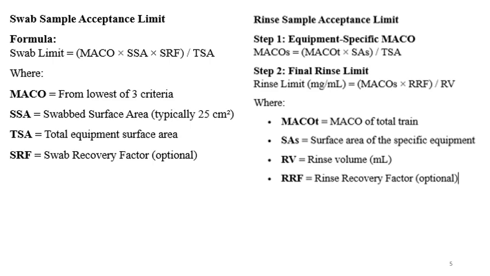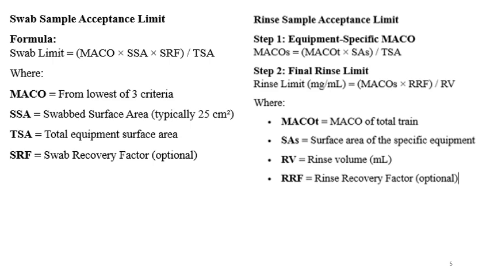Now understand regarding the swab sample acceptance limit and the rinse sample acceptance limit based on the MACO. Swab sample limit is equal to MACO into SSA into SRF divided by TSA. MACO is the lowest value out of the three criteria, like therapeutic, toxicological, and the 10 ppm criteria, that we have to put in this formula.